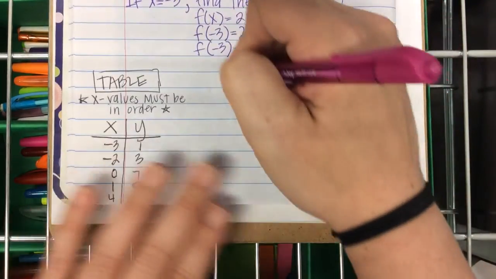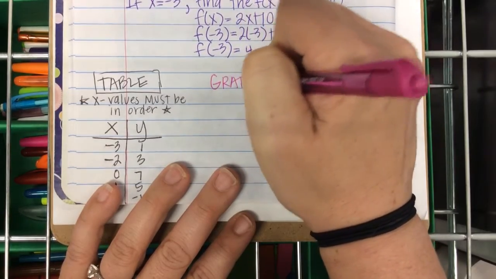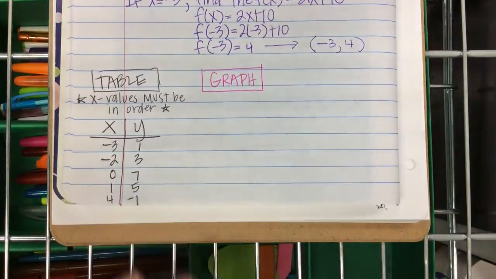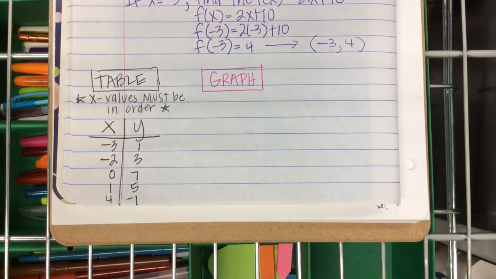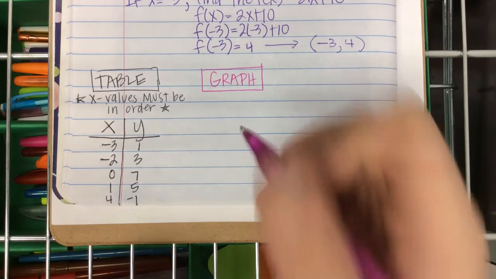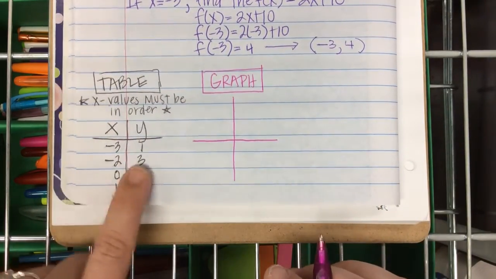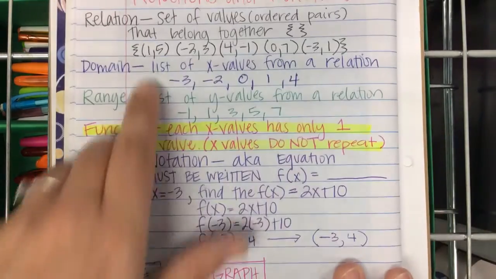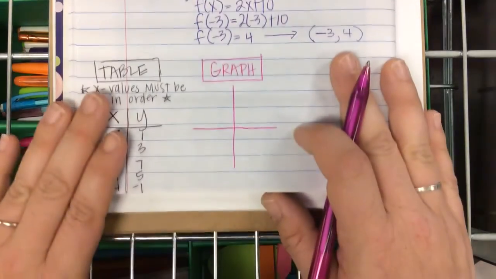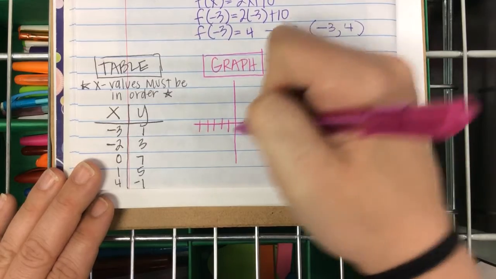Second thing, second way that it may, or I guess third really, is a graph. So we've got a list of ordered pairs. You've got a table. Now we have a graph. And I can use my ordered pairs right from my table, correct? Or you can use your list of ordered pairs from up here. Doesn't matter. 1, 2, 3, 4, 5. 1, 2, 3, 4, 5.